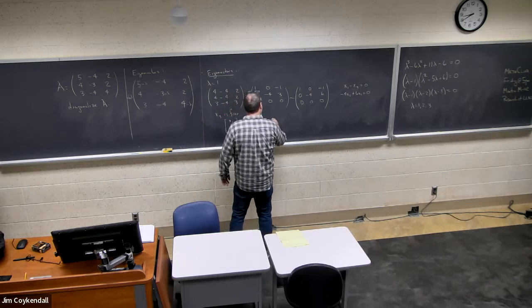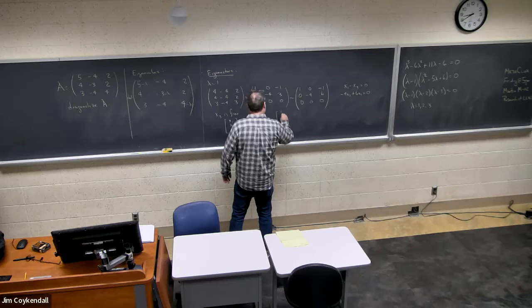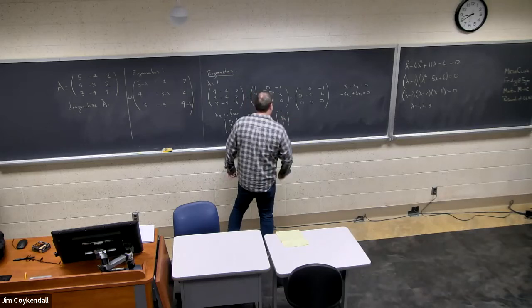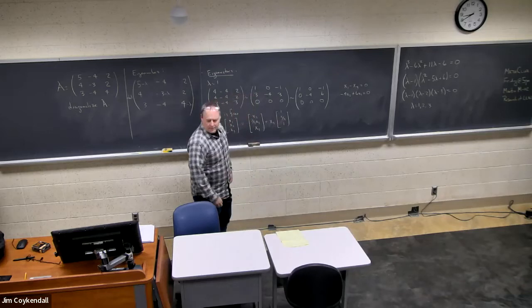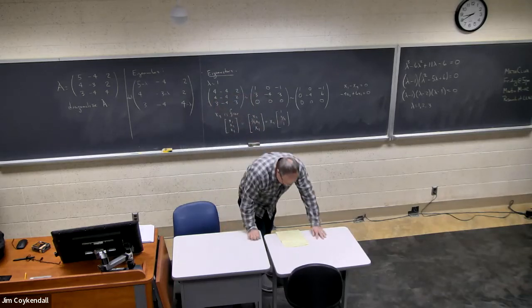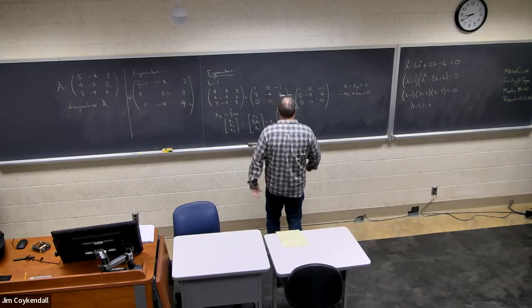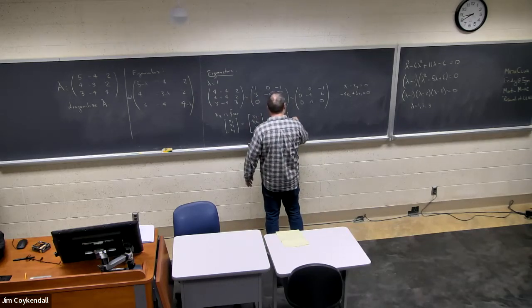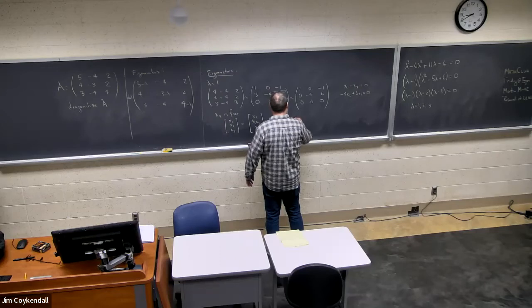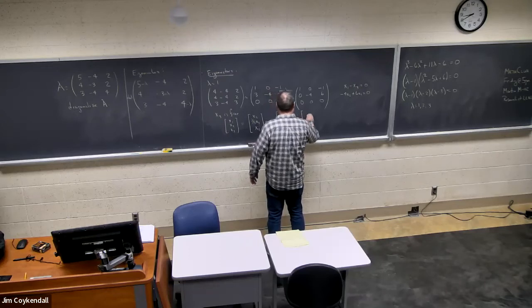So this is x3 times 1, 2/3, 1. And to make it look more like my matrix here, I can multiply this by 3.